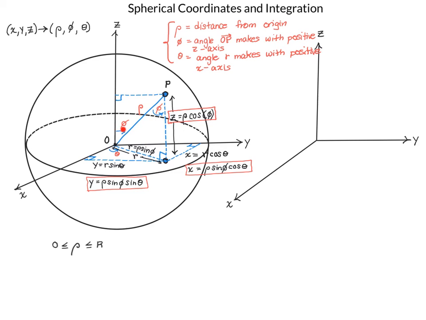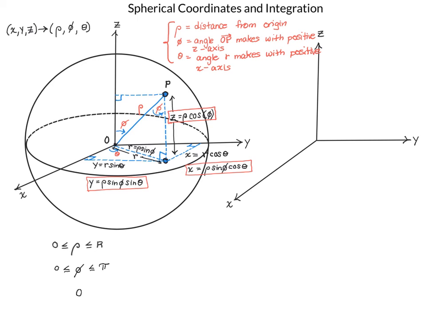So it goes from 0 degrees to pi, because it will come all the way down to the negative z-axis. So here's our phi, and it goes from 0 to pi.